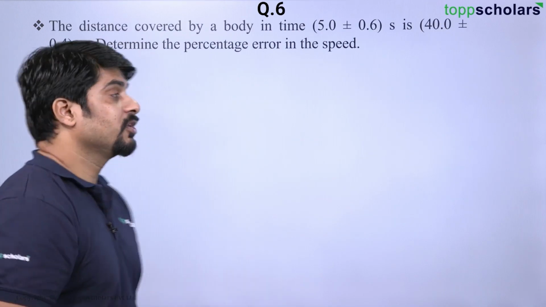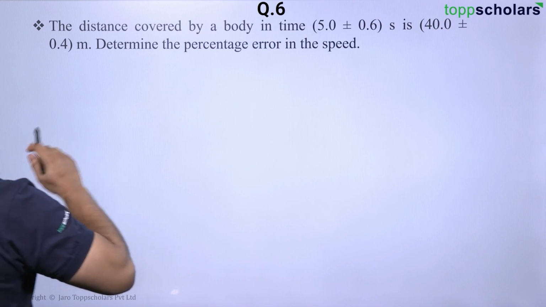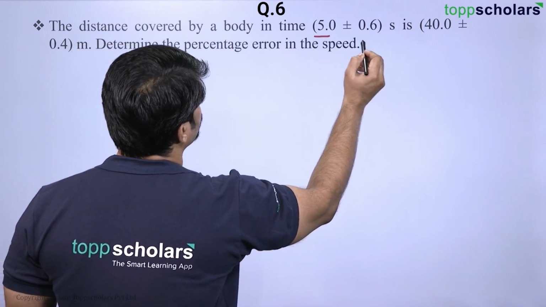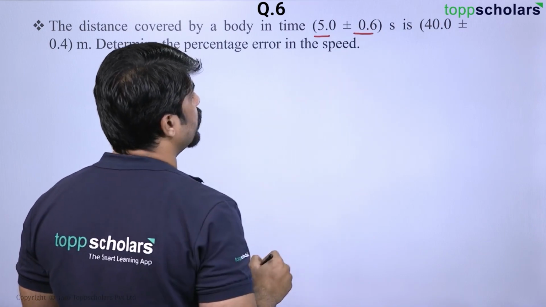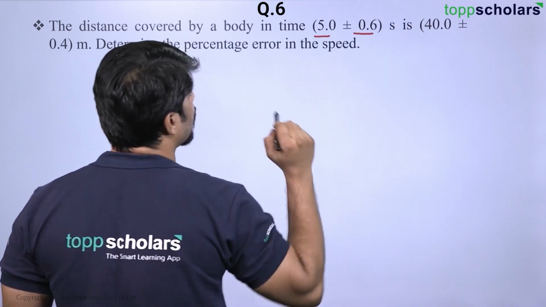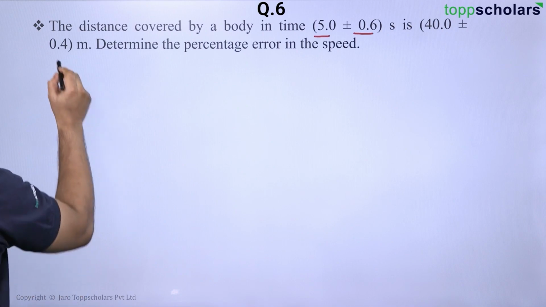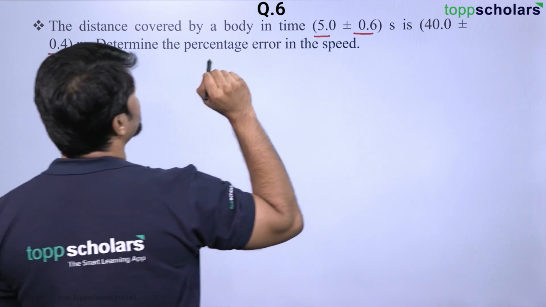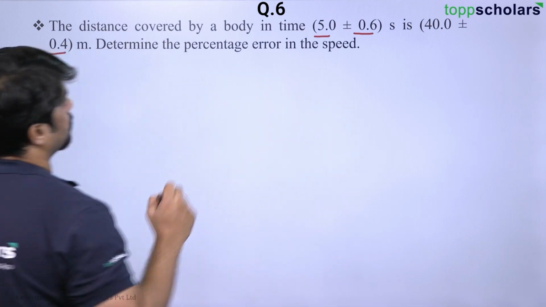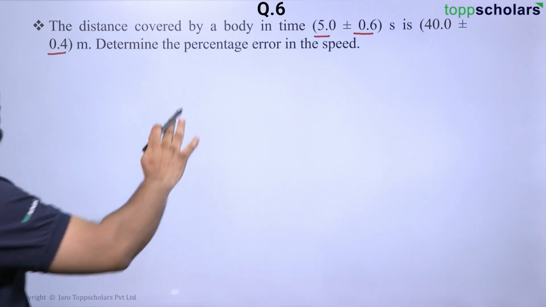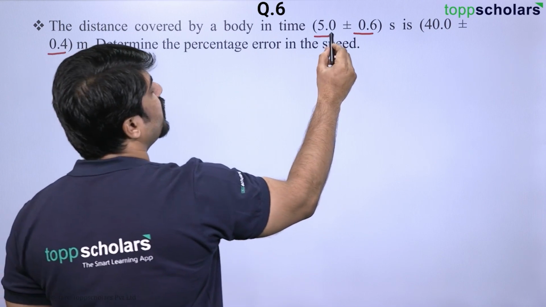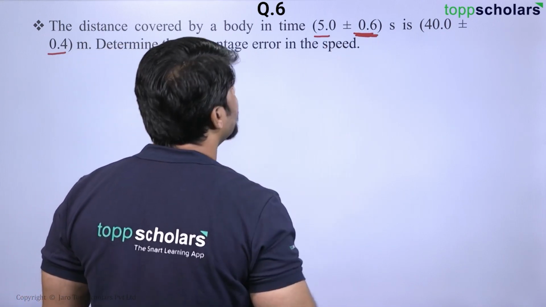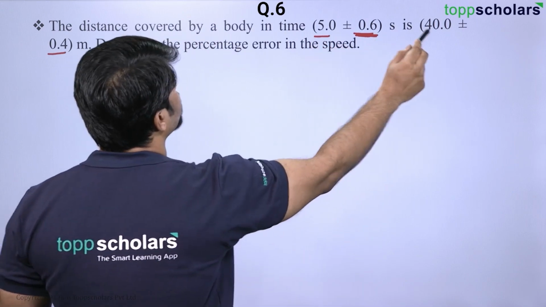So, here is another question. The distance covered by a body in time 5.0 plus or minus 0.6 seconds is 40.0 plus or minus 0.4 meters. Determine the percentage error in the speed. Over here we can see that the uncertainties are represented in both of these quantities.